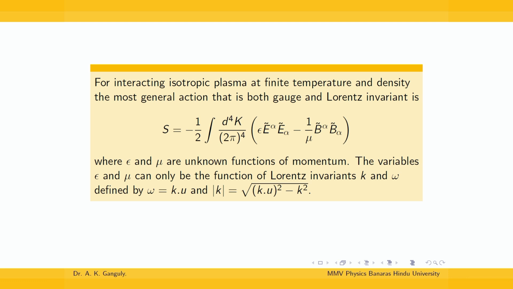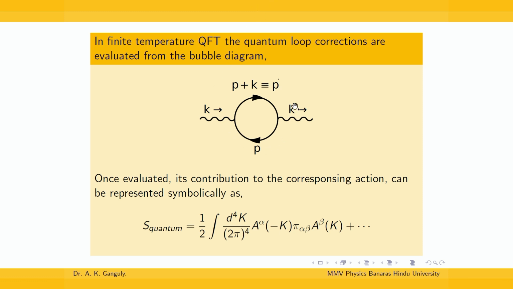Now, if we project the same thing and evaluate the same action by evaluating this particular Feynman diagram that gives us the self energy correction to photon, then we get a quantum action basically, which is given in terms of the gauge fields, the polarization tensor and the gauge field, the quadratic part in the gauge field, because there are only two gauge fields present in the diagram.